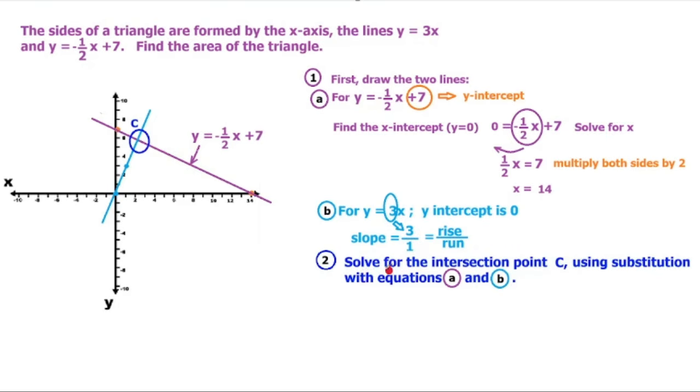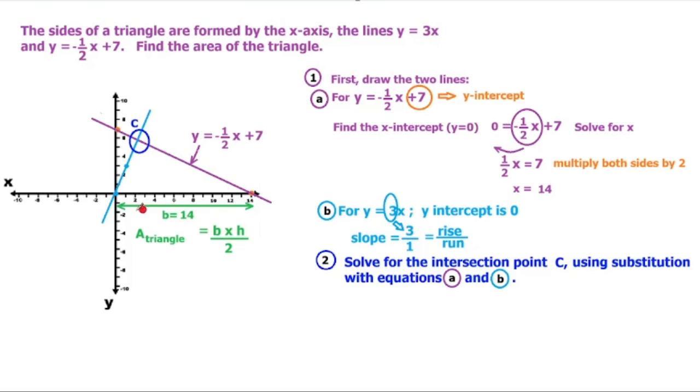So we can solve for the intersection point C using substitution with our equations A and B. Equation A and equation B, okay? So why do we need to do that? We need to do that because the area of a triangle equals the base times the height divided by 2. And we need to find the area of this triangle.